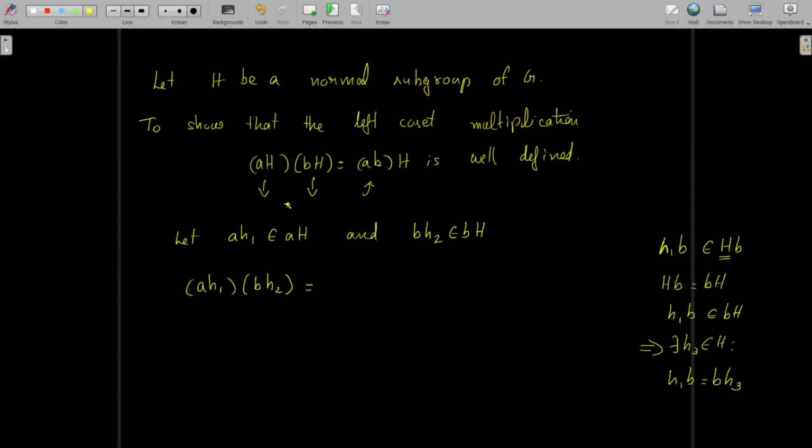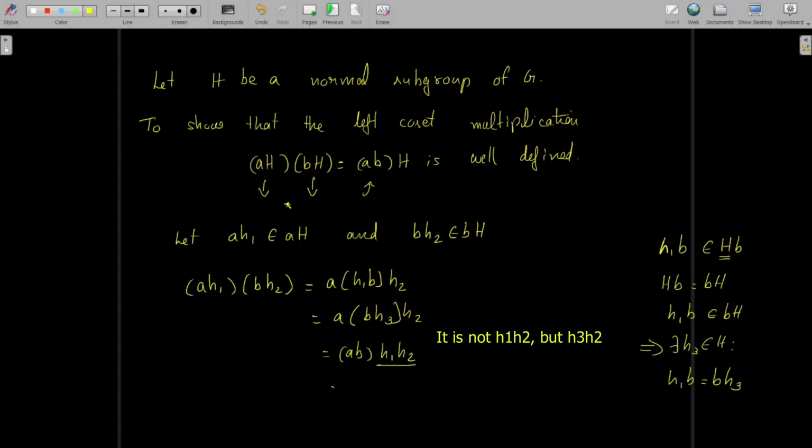Therefore, we can rearrange these terms here. Ah1 into Bh2 can be written as A into h1B into h2. So, this is equal to A into h1B is Bh3 into h2. This can be written as AB into h3h2. Here the element h3h2 belongs to H. So, we can say that this element Ah1 into Bh2 belongs to ABH.